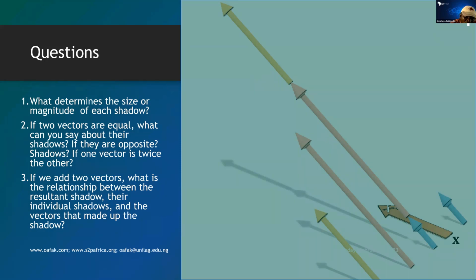If one vector is twice another, will the shadow be twice the shadow of the other one? If we add two vectors, what is the relationship between the resultant shadow, their individual shadows, and the vectors that make up the sum? Those are the questions to ask when you want to know whether what you are dealing with is a tensor transformation or not.